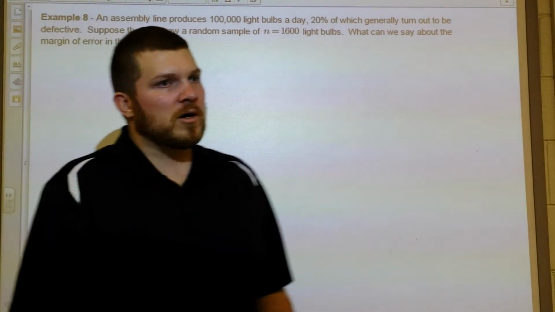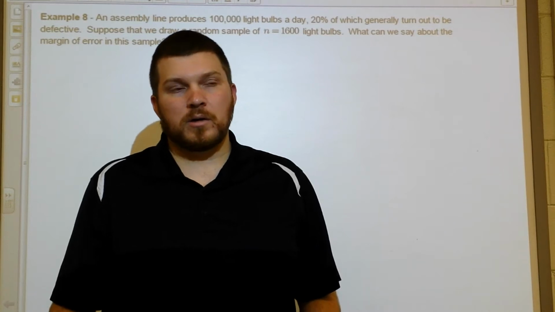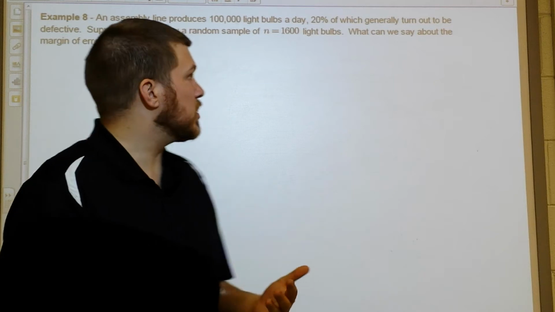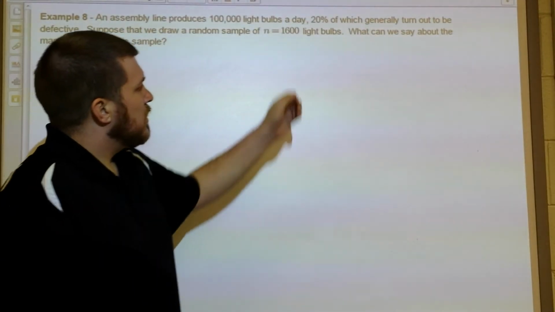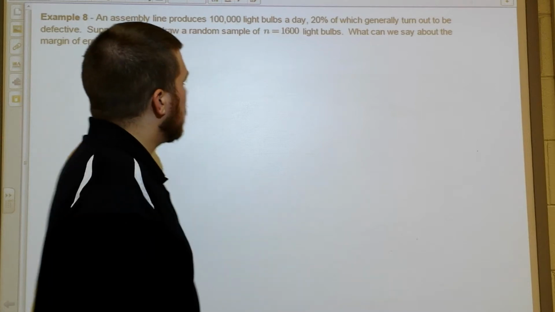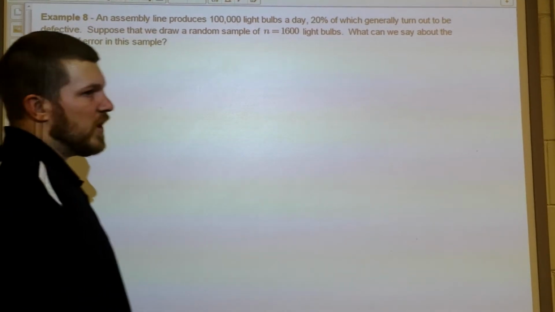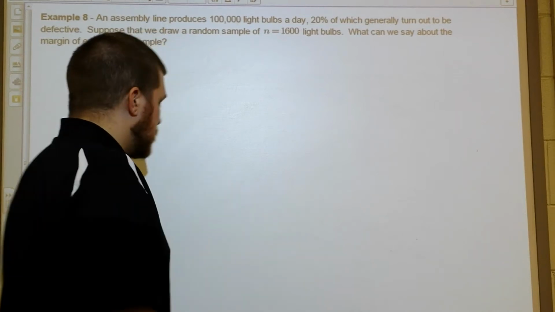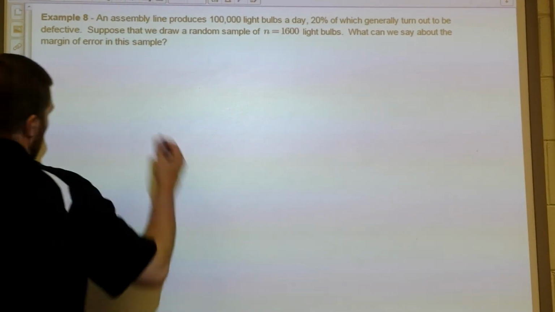Also, when we have a light bulb, we expect it to either turn on or turn off, a 50-50 chance, depending on which way we flip the switch. But based on our data at this plant, 20% of them generally turn out to be defective. That's not good. So we're counting the number of defective bulbs. This goes back to the dishonest coin principle.